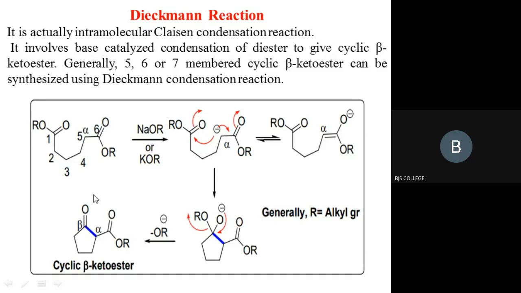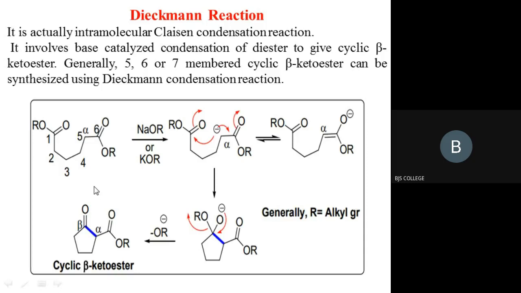So, how many condensation reactions have we seen? We have seen aldol condensation, which has three types: self-aldol condensation, cross-aldol condensation, and intramolecular aldol condensation. Self-aldol condensation is the reaction where two molecules of the same aldehyde react with each other.